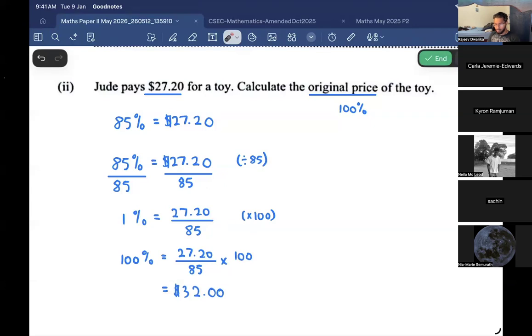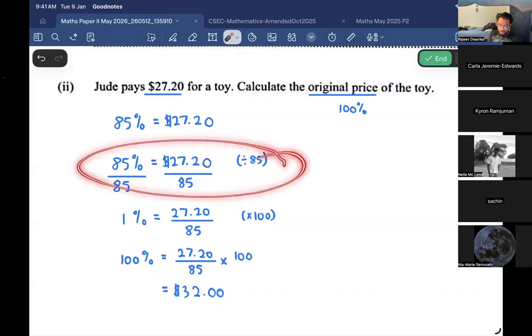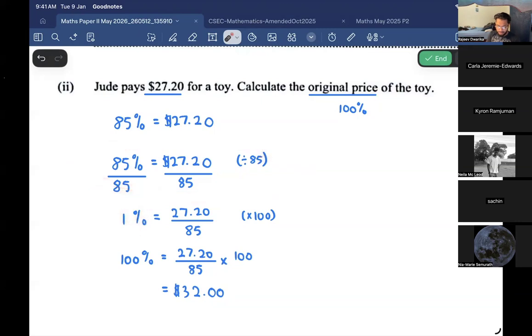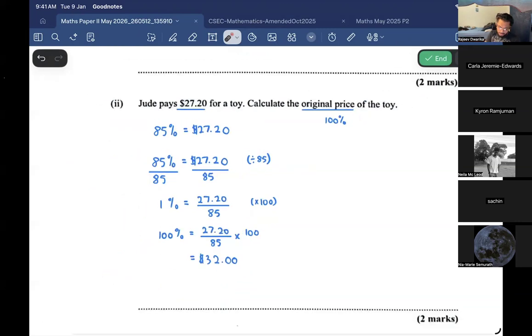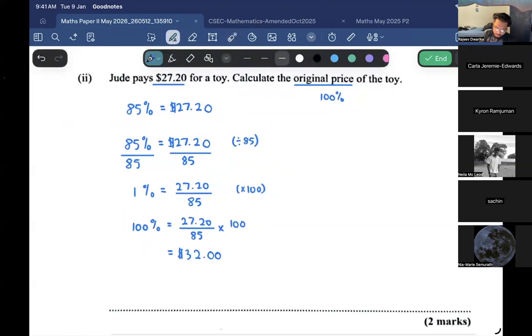So you'll have to divide the 27.20 by the 85 and multiply that by the 100, which is the original price, to get the answer. That's correct. We divide by 85 so we could find for 1%, and then we could scale up 100 times to find 100%. Right? Good.